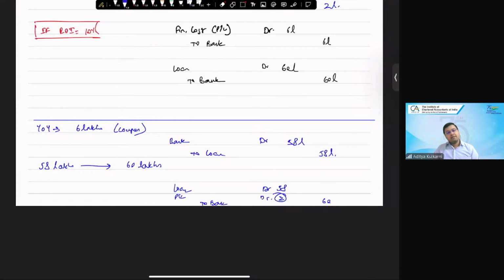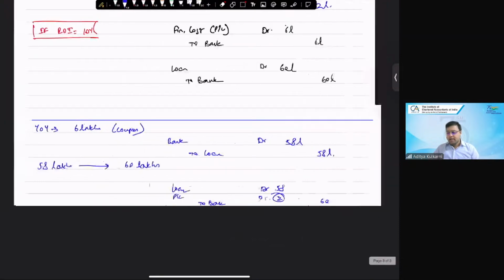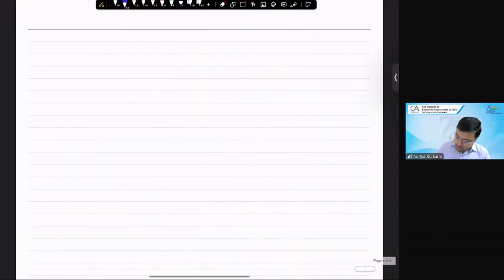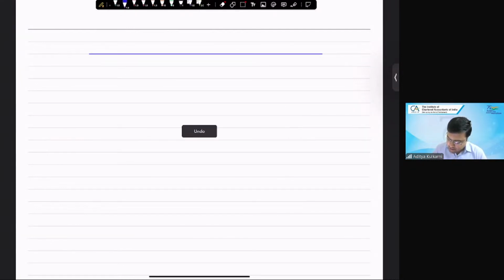Did you understand? Yes, sir. So suppose the tenure of the loan is 5 years. 58 inflow, 60 outflow. The 2 lakh incremental cost is not something which will hit in the last year only.